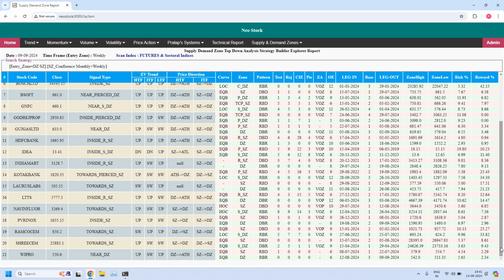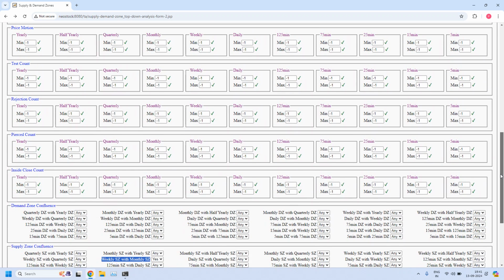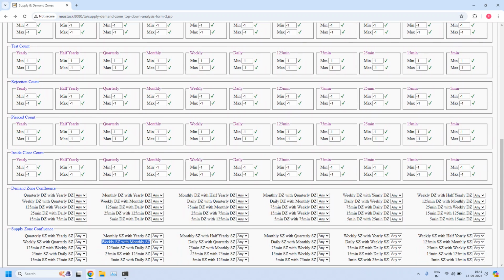Now let's look for HTF supply zone confluence. LTF, ITF and HTF. So let's add two more conditions. One condition already added. Weekly supply zone with monthly supply zone is already enabled. Next, weekly supply zone with quarterly supply zone, I am enabling the filter. Next, monthly supply zone with quarterly supply zone also I am enabling the filter.